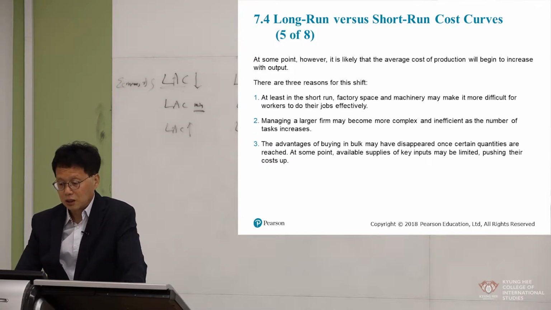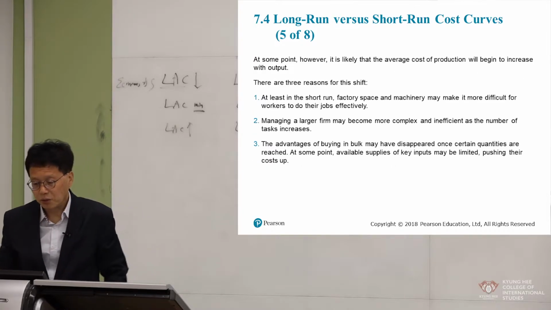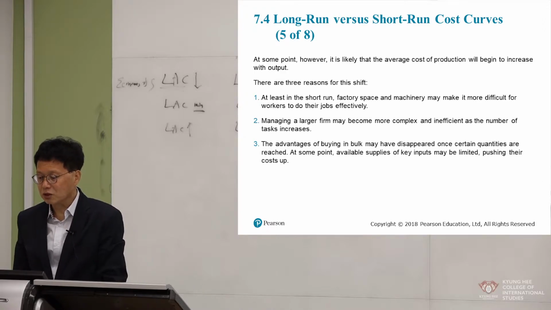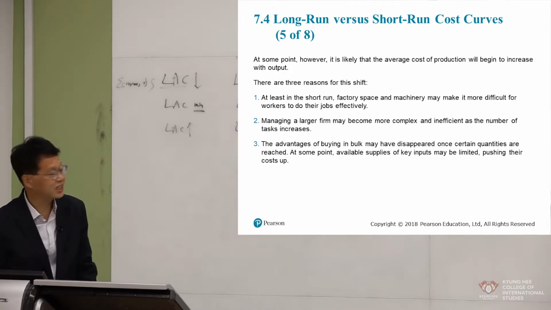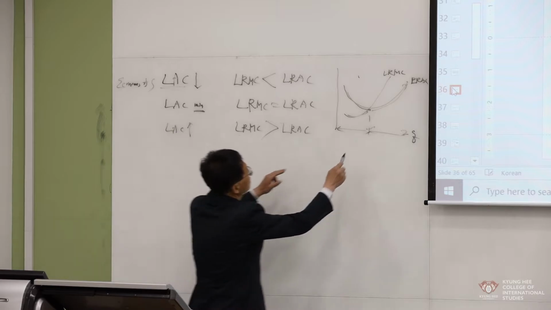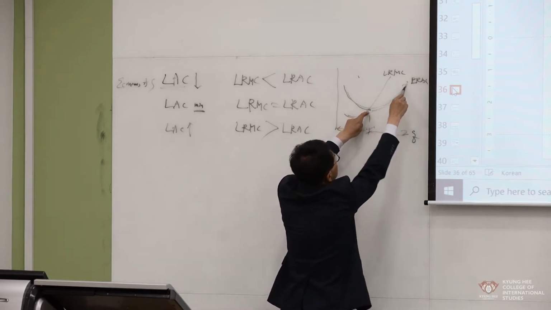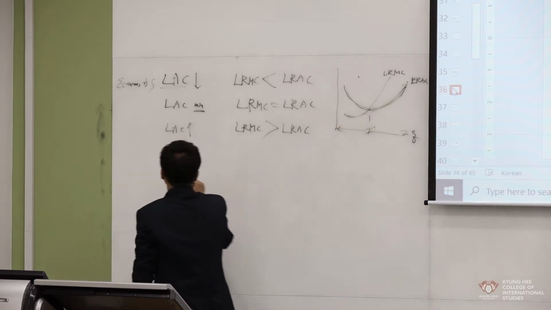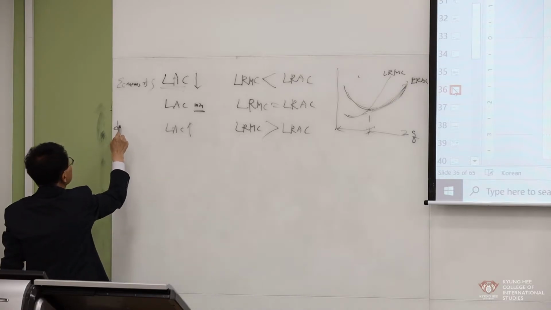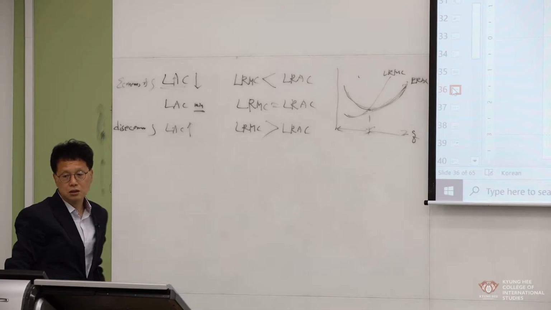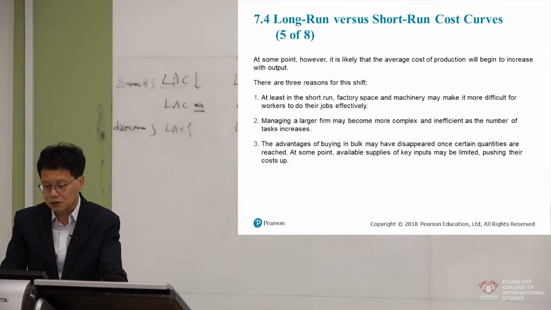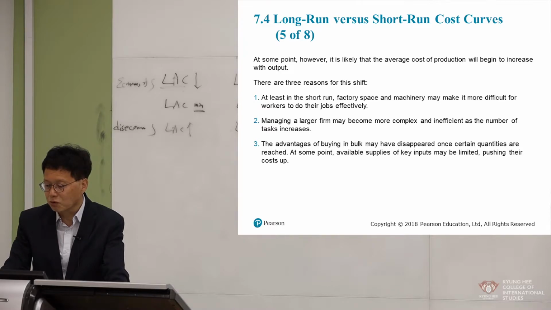At some point, however, it is likely that the average cost of production will begin to increase when production increases, right? So this means diseconomies of scale. Why does that happen? Number 1, in the short run, factory space and machinery may make it more difficult for workers to do their job effectively.